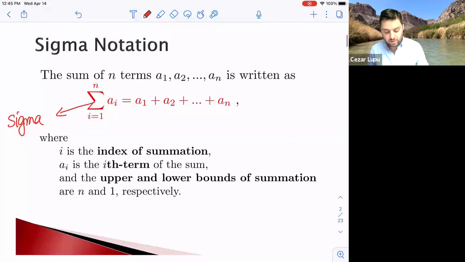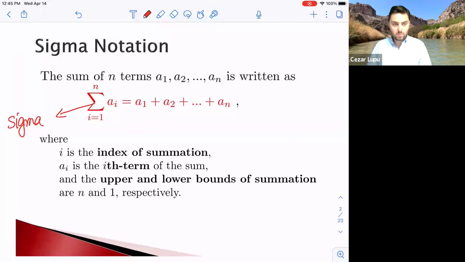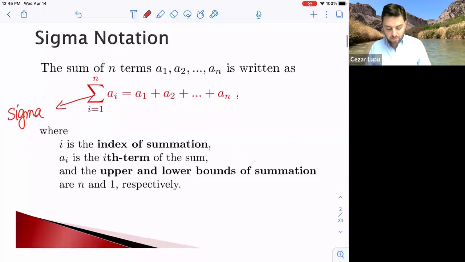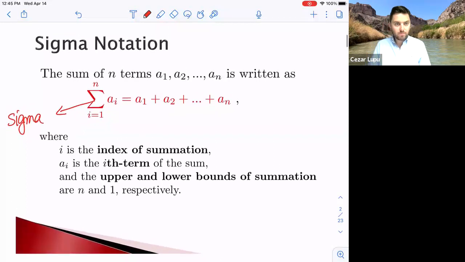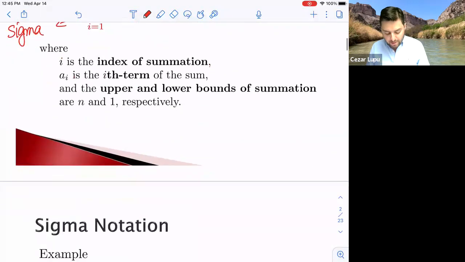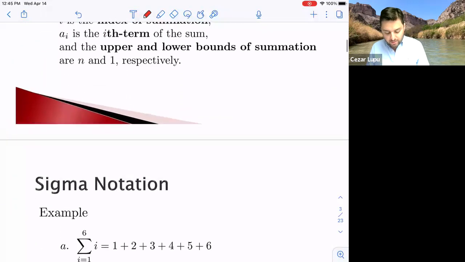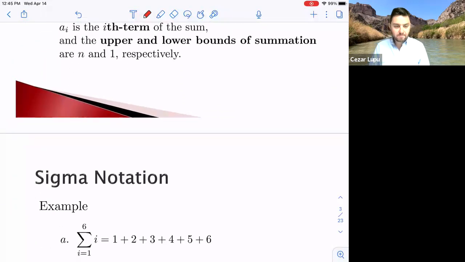All right, so let's start with an example so that you can get accustomed to this notation, because we're going to use this notation for defining the integral. For example, let me start with the following example. Look at this baby right here. You just sum up all i's from 1 to 6.